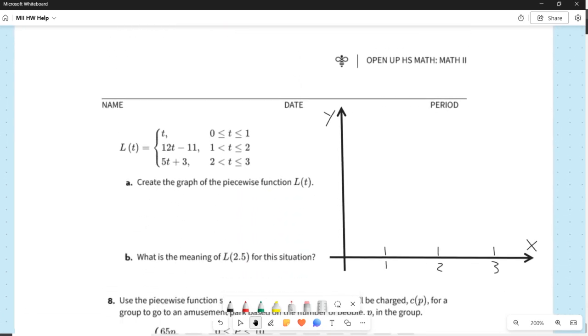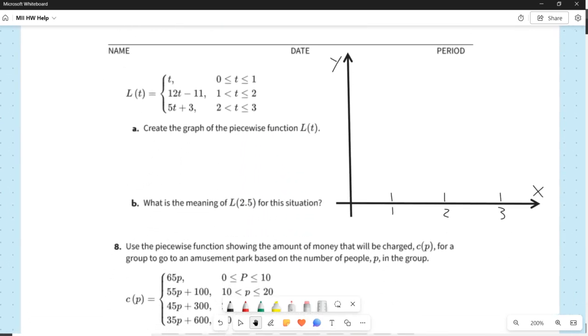So even without necessarily doing any of the math, we know that our highest y value is going to be 18. If we want to calculate that, we could take the third piece of our function here and plug in our final number. And if you plug in a 3 into 5t plus 3, you do in fact get 18 because that's the end of this race, right? But again, the description tells us it's 18. So our top value needs to be 18.